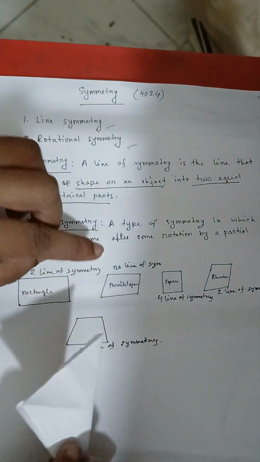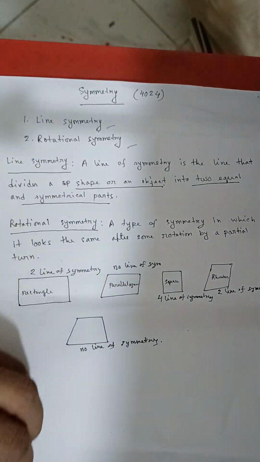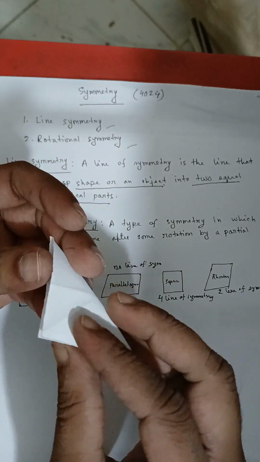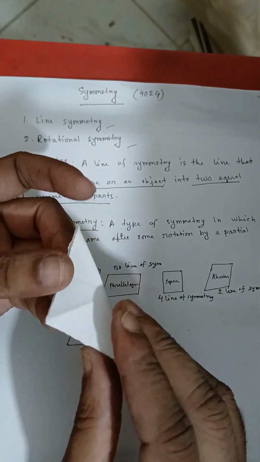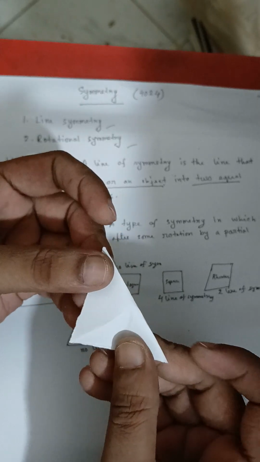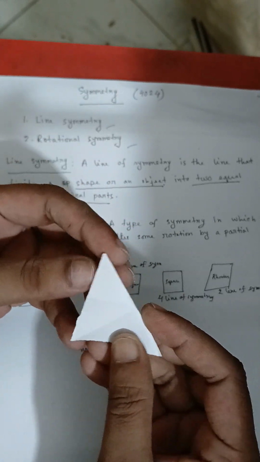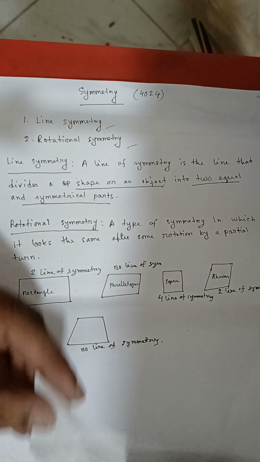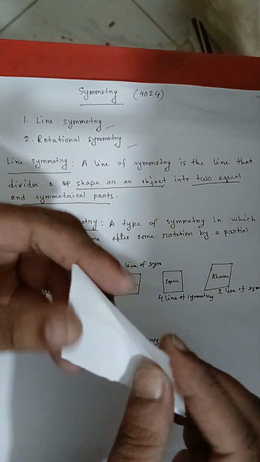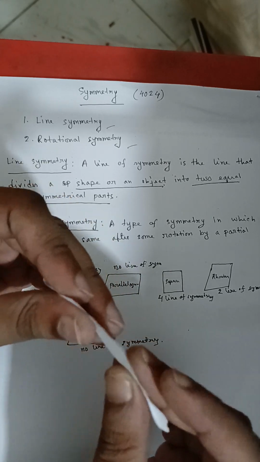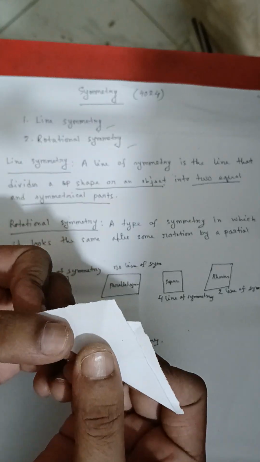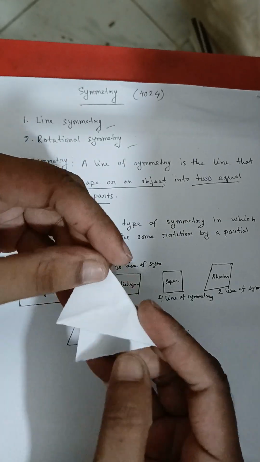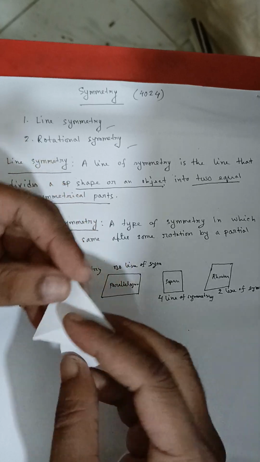Okay, that's why it has four lines of symmetry. A rhombus has two lines of symmetry because I can fold it that way and that way. And a parallelogram has no line of symmetry because if I fold it, it will not fit. Okay.